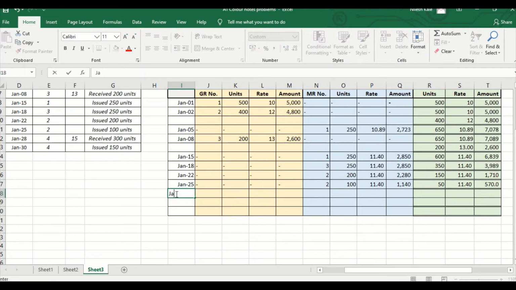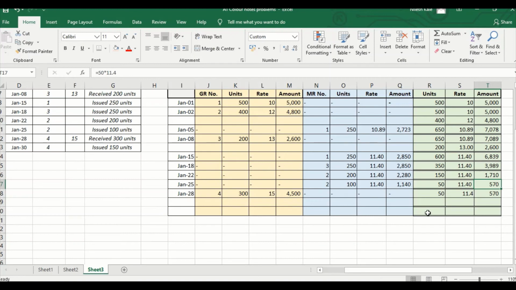Now, as on January 28, we have received 300 units at rupees 15. Now 300 into 15. We have not issued anything as on that date. I will write the same information that I have from the previous date, 570.